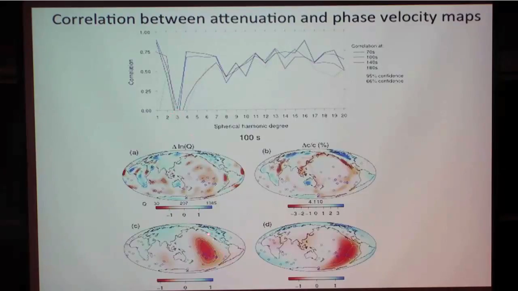Here we've got a very strong long wavelength attenuating signal, which extends from Hawaii to the South Pacific hotspots. And in velocity, in fact, the dominant signal that we observe is a low velocity reduction beneath the mid-oceanic ridge.